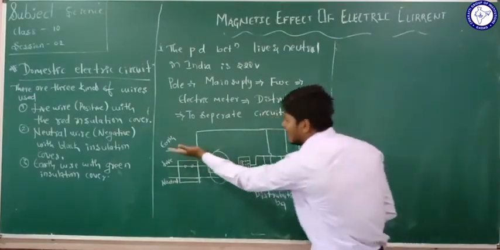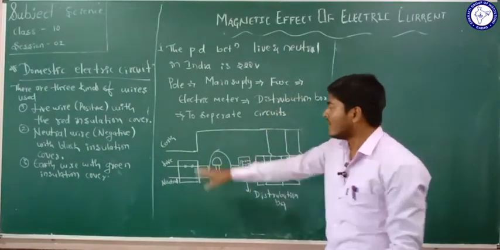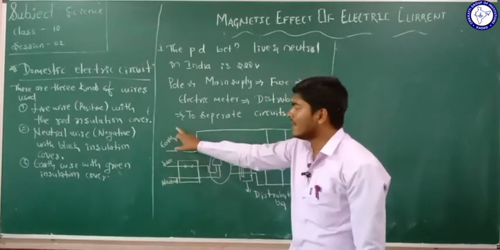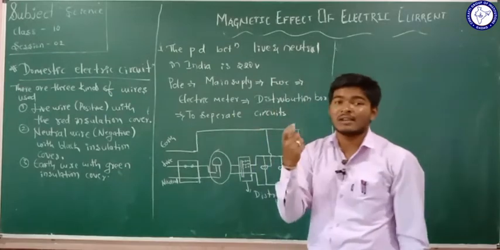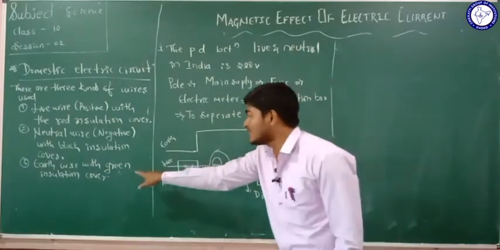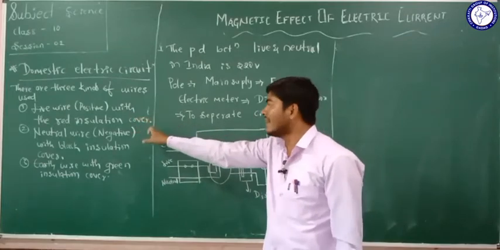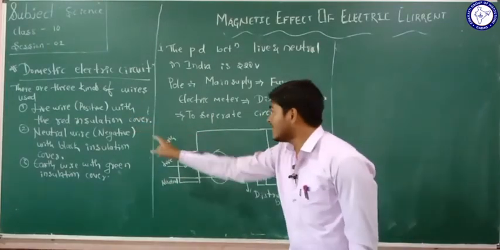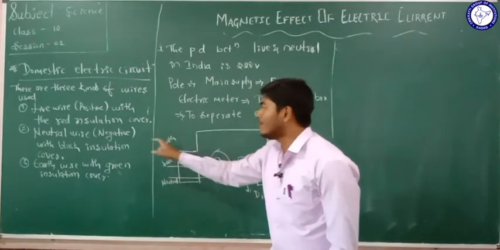These are the three types of wires which come from the electric pole: the earth wire, the live wire, and the neutral wire. The earth wire will be covered with a green insulation cover, the live wire with a red insulation cover, and the neutral wire with a black insulation cover.